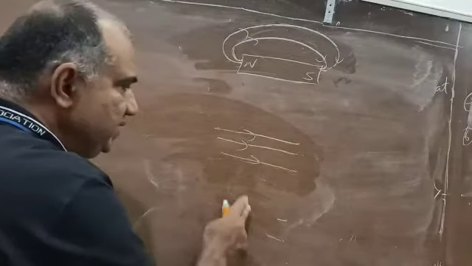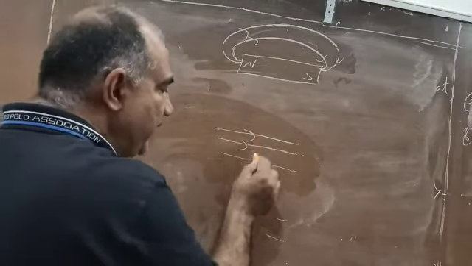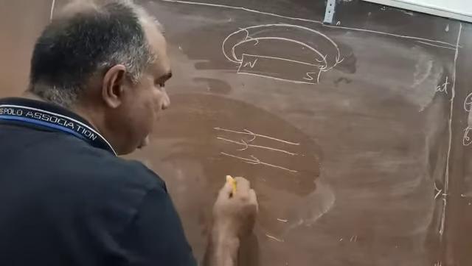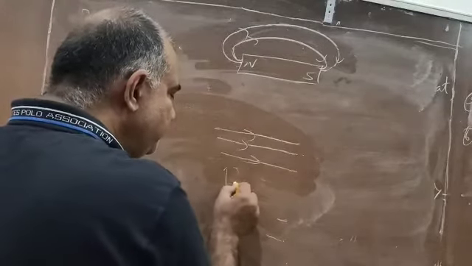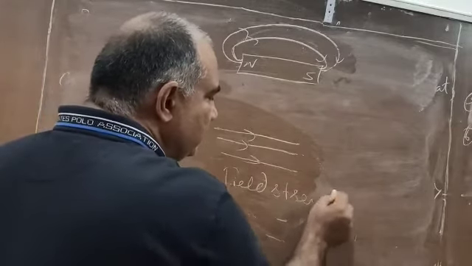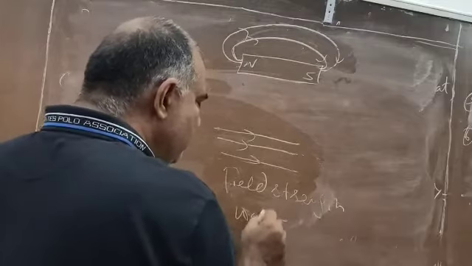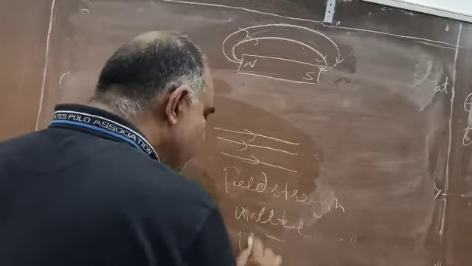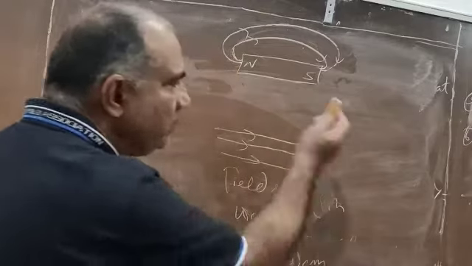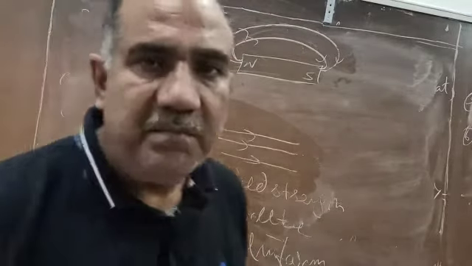So our condition is that if magnetic field lines are parallel to each other and also equidistant from each other, then the field strength will be uniform. That was all about the characteristics of magnetic field lines.